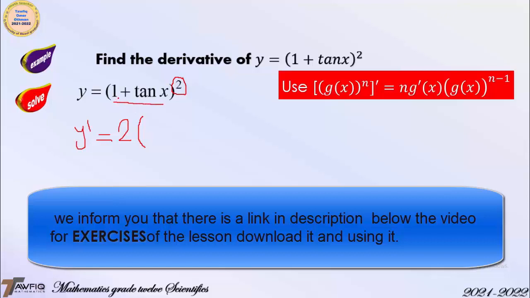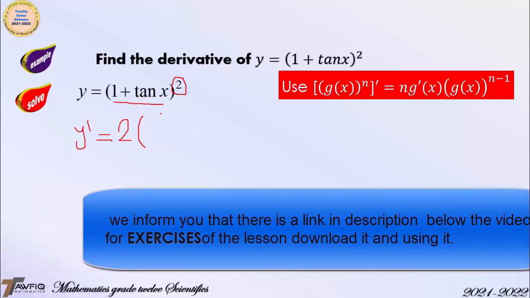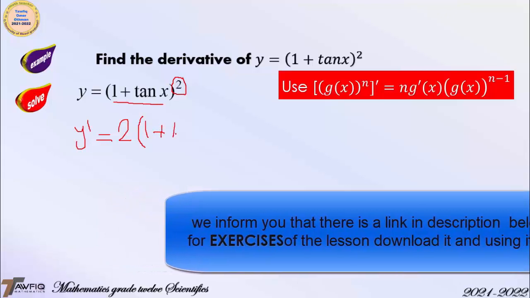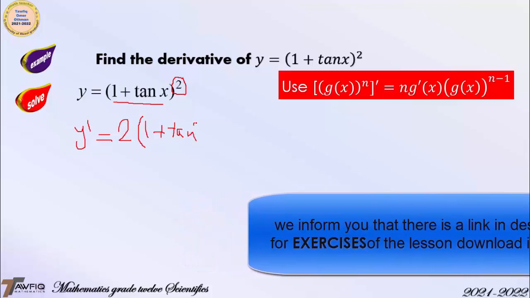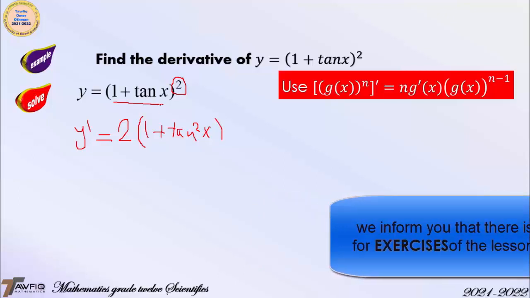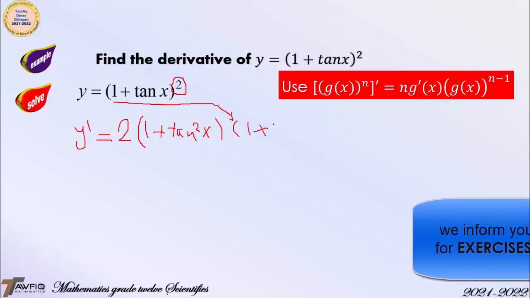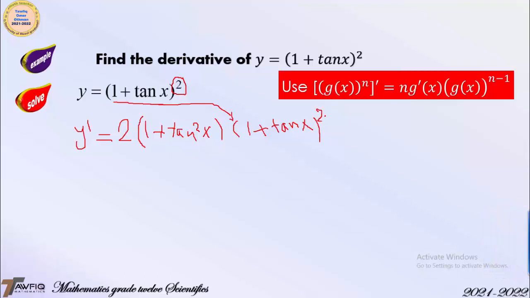The derivative of 1 is 0, and the derivative of tangent x is 1 plus tangent square x. Then write the function as it is, which is 1 plus tangent x, and now take from the power 2, 1. That means 2 minus 1.